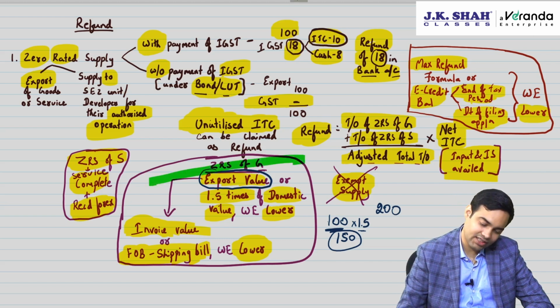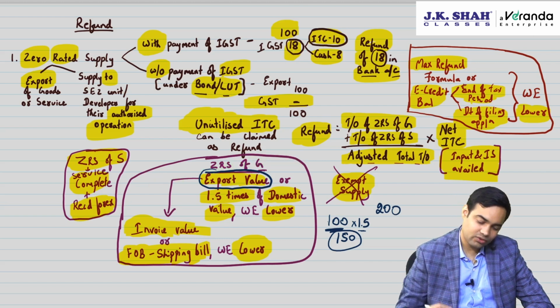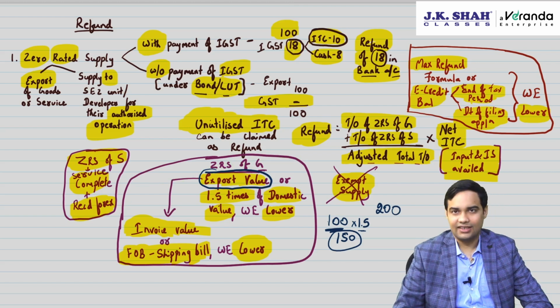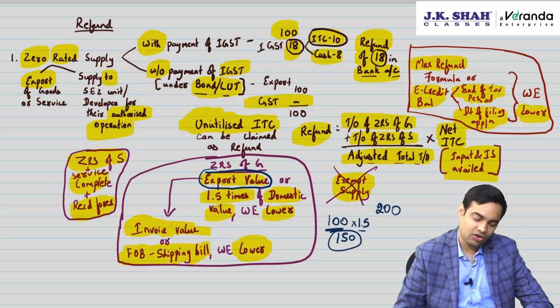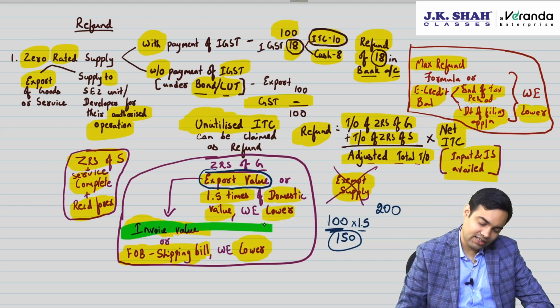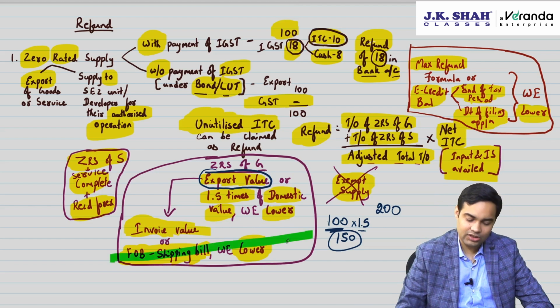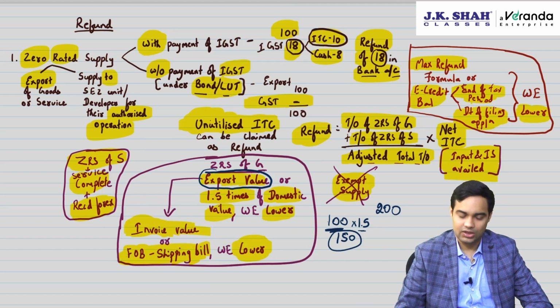ZRS of goods definition: export value mentioned on the shipping bill, or 1.5 times of domestic value, whichever is lower. Then export value is also defined: invoice value or FOB value as per shipping bill, whichever is lower.